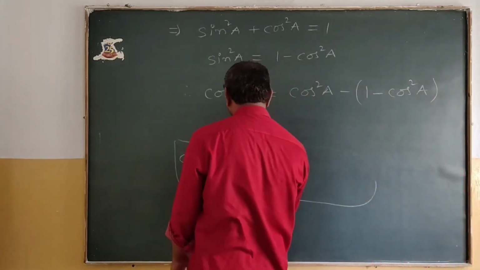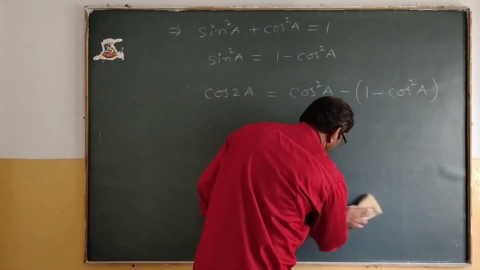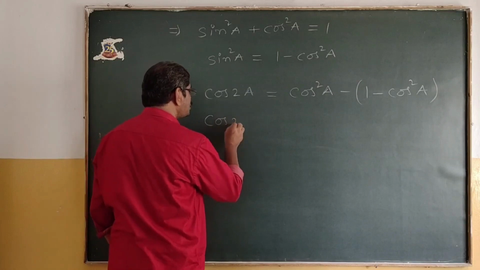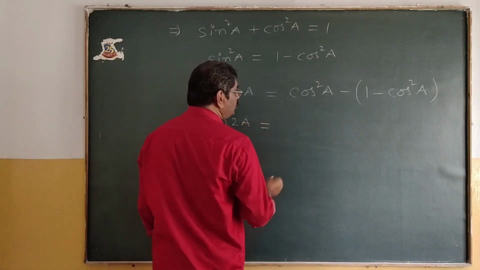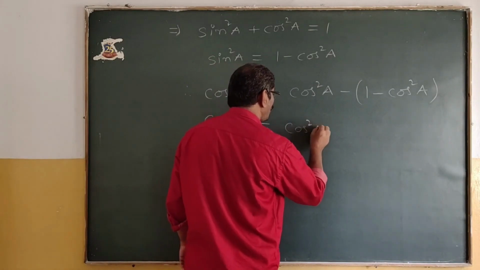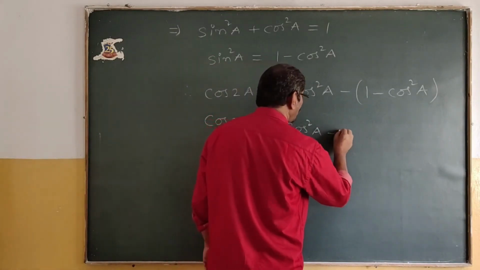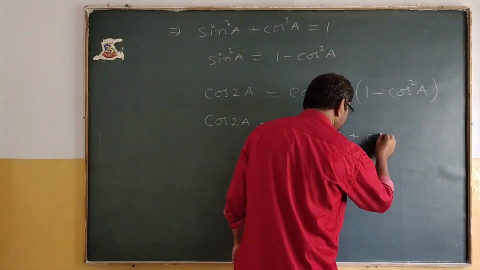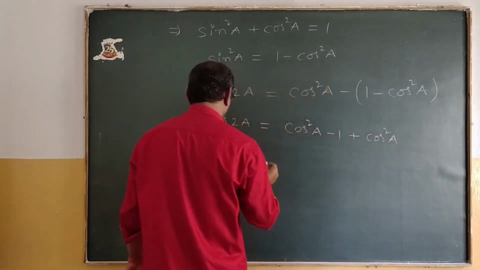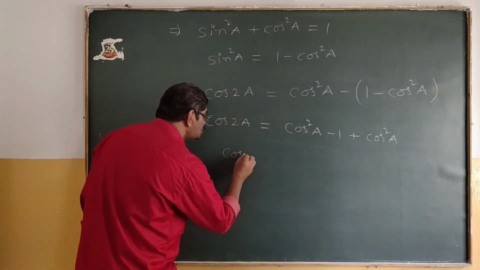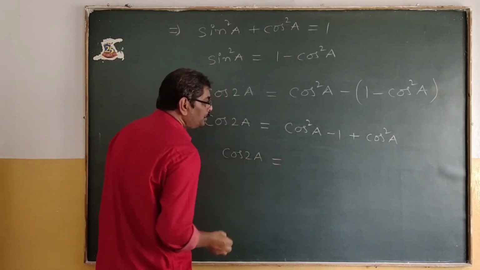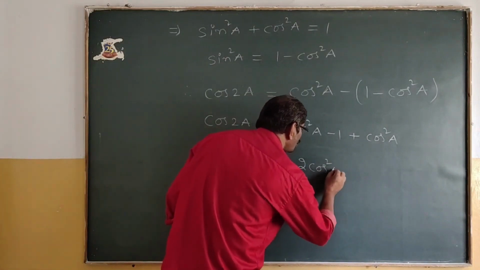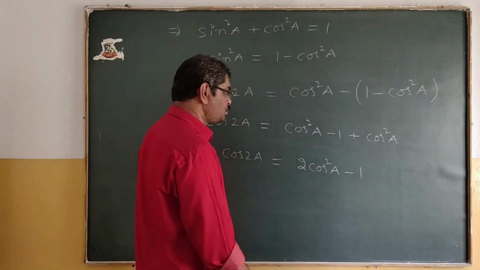If you open the bracket, cos 2A is equal to cos square A minus 1, and minus into minus is plus, so plus cos square A. Therefore, cos 2A is equal to 2 cos square A minus 1.